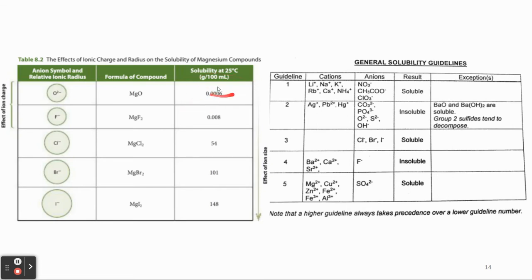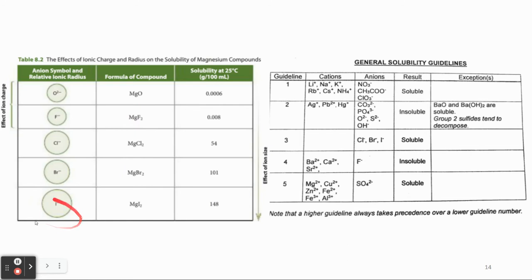The lowest solubility exists because the oxygen has a very high negative charge, -2, right? And it's also a very, very small ion. So it's able to connect very well to the magnesium ions. And as a result, it's hard for the water to spread those ions apart and it can't be dissolved.